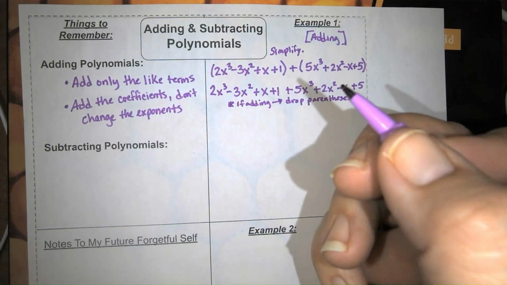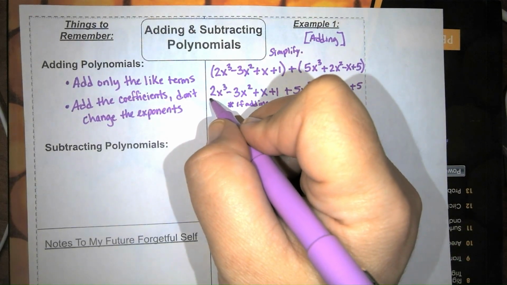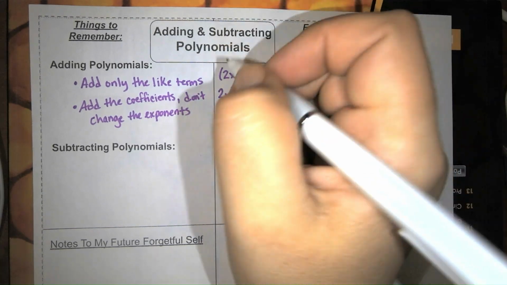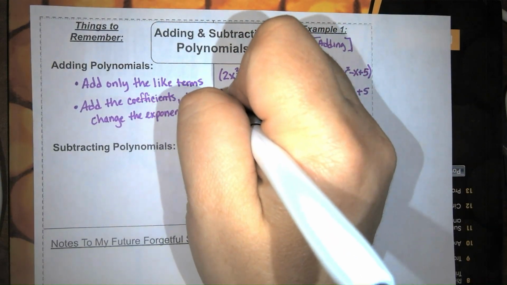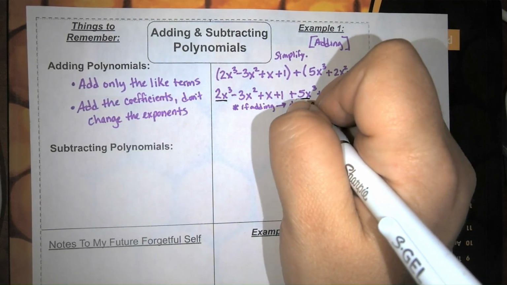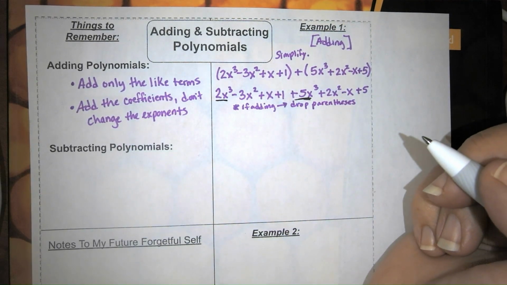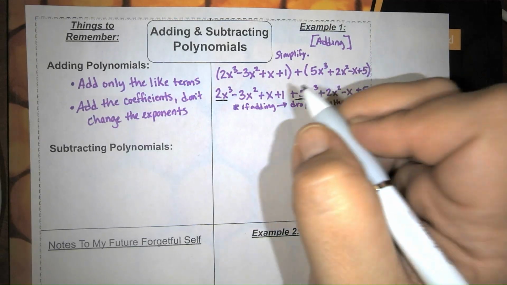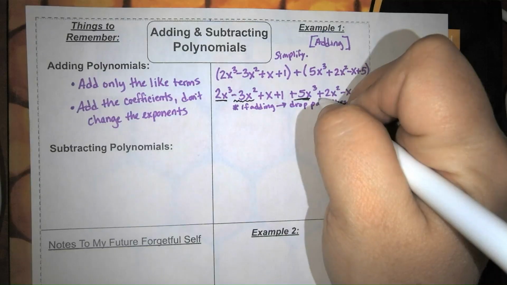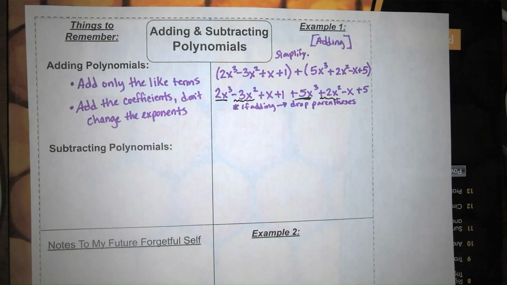So you may do something like underline this and say 2x to the third power is one term. I'm now going to combine that with 5x to the third power as well, because those are like, so I underline them both. I may do a squiggly underneath the x squared term to show that that's going to go with this other x squared term.